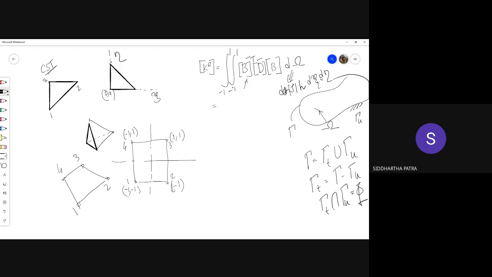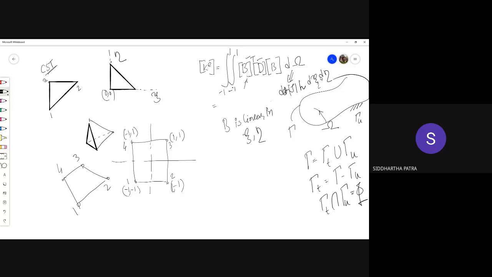But the problem here is that if the B matrix is not a constant, these are functions of xi and eta. So B is linear in xi and eta, which means, actually, to be frank, it is not always linear.